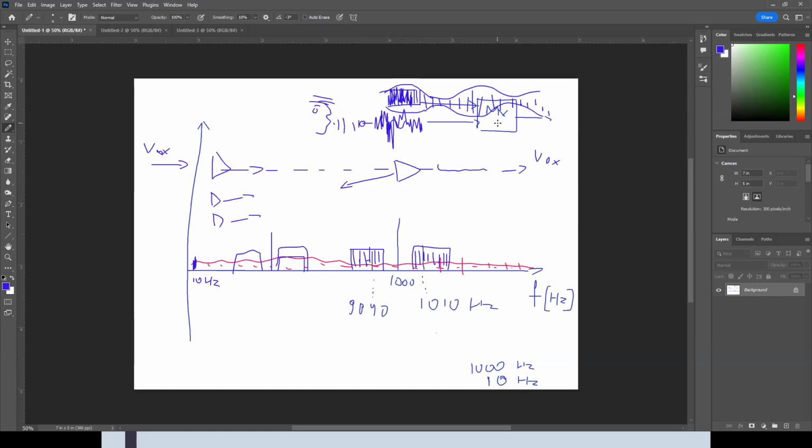The mixer mixes them together and shoots out the outcome of those two being combined. So that's why we call this thing amplitude modulation, because the frequency of the carrier is not being changed. The frequency of the carrier is constant. The amplitude of the carrier is constant when it goes into the mixer.